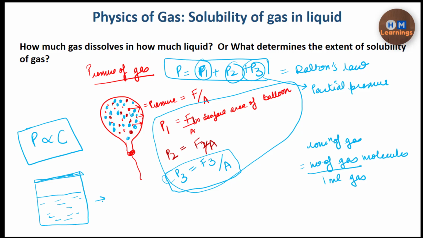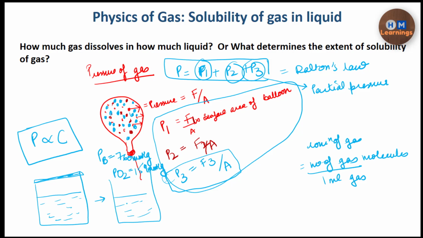Now we have exposed it to the air, and air has some partial pressure of oxygen. The whole atmospheric pressure is 760 mmHg, and out of this the partial pressure of oxygen is around 159 mmHg.